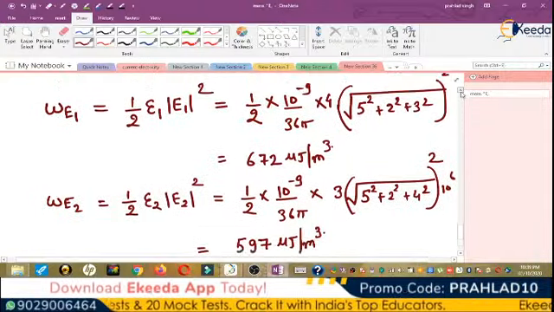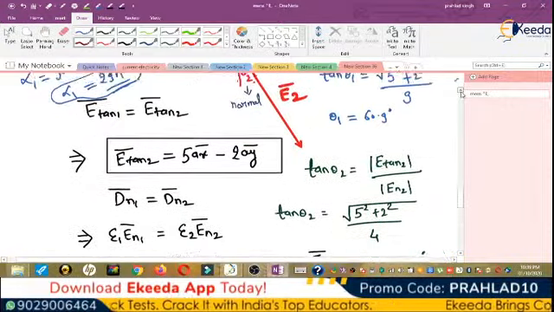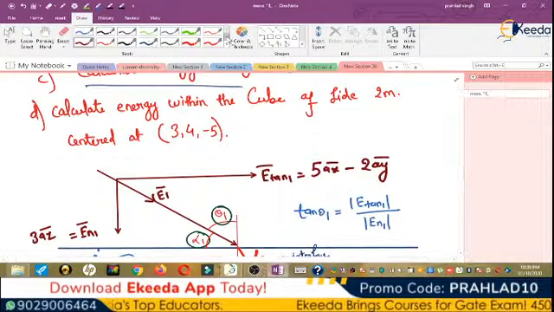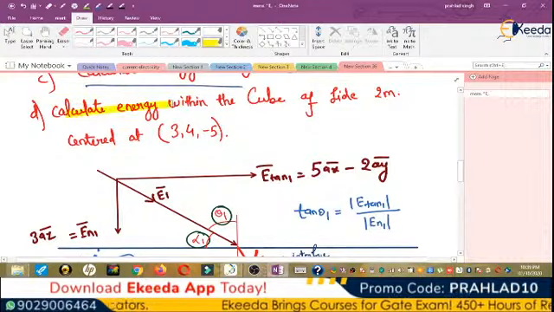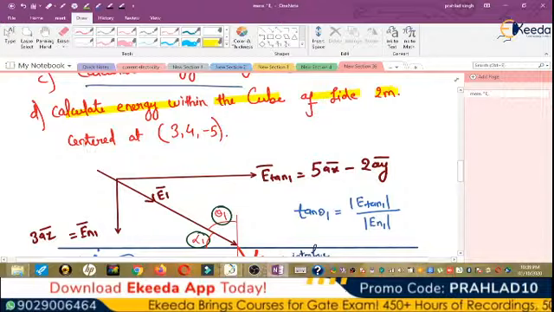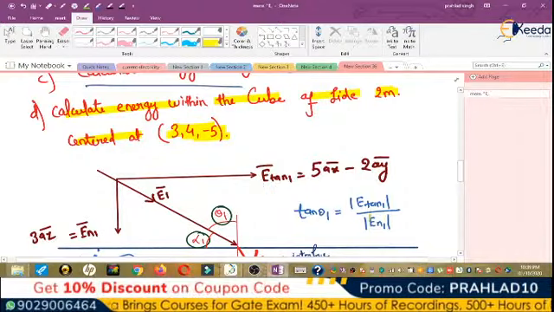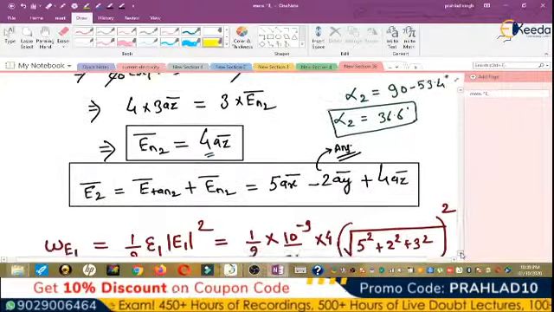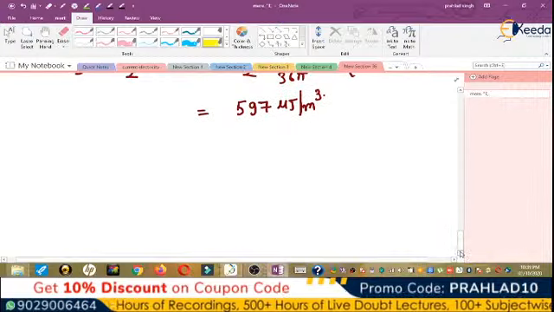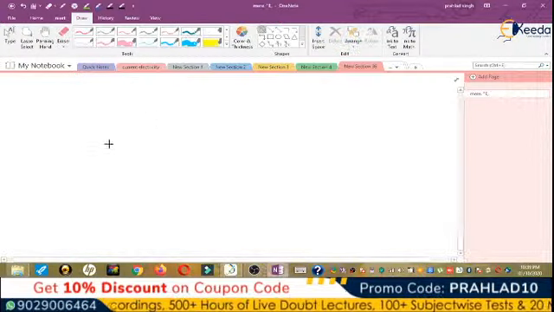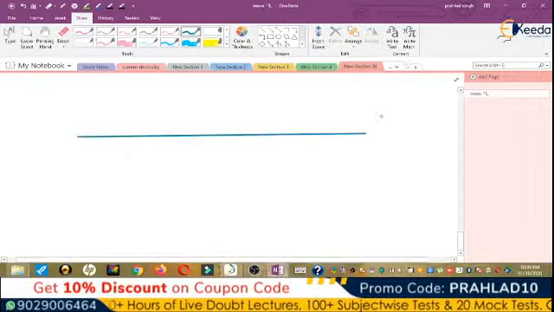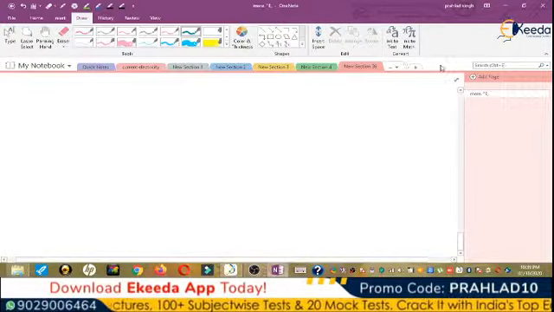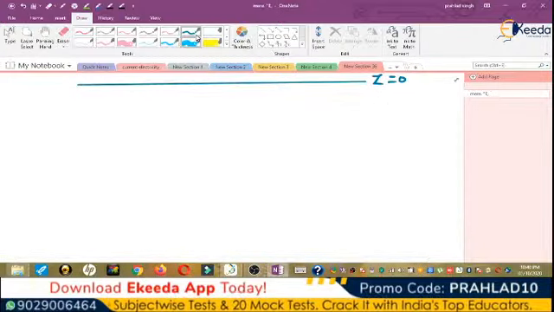Now one more question is asked in this, right? And the question is, calculate the energy within the cube of side 2 meter, centered at 3, 4, minus 5. So this cube will lie in the medium number 2 because Z is given negative. So suppose this is the plane Z equal to 0 separating the mediums. So where is the cube?